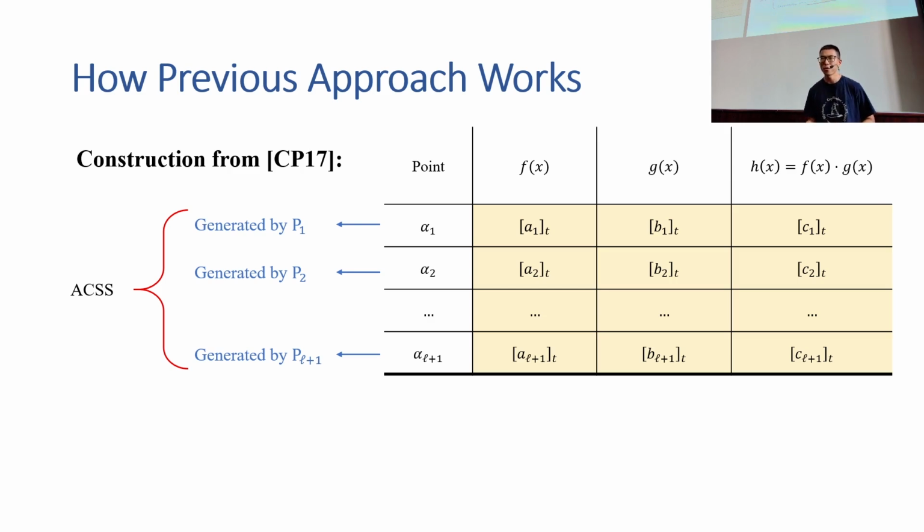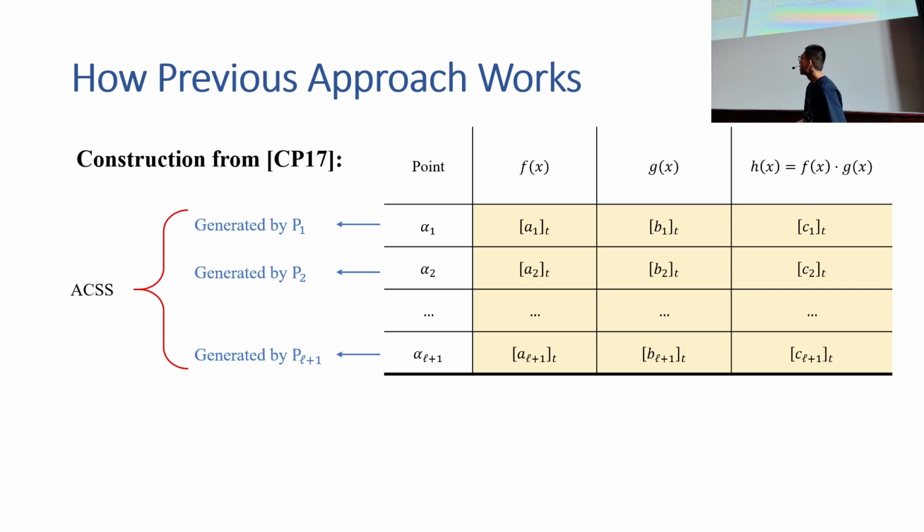We can use ACSS for that. Then to build these 3 polynomials, we'll use the Beaver triples from the first L plus 1 parties. We will use them as the evaluation points for the first L plus 1 points. And we set f and g to be just degree L polynomials. So in this way, h should be a degree 2L polynomial.